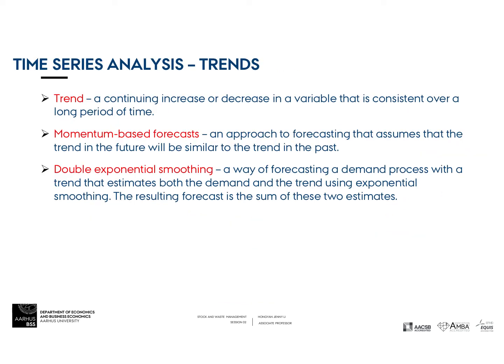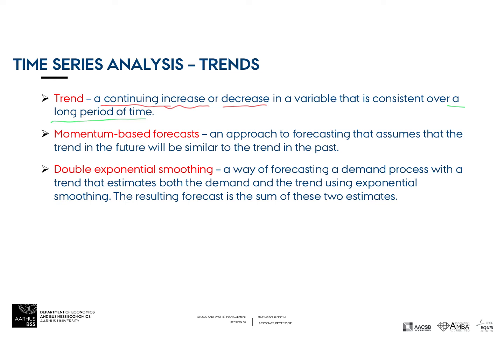Now, time series analysis with trend. A trend is a continuing increase or decrease in a variable that is consistent over a longer period of time. This trend can be identified through a relatively long period of time.